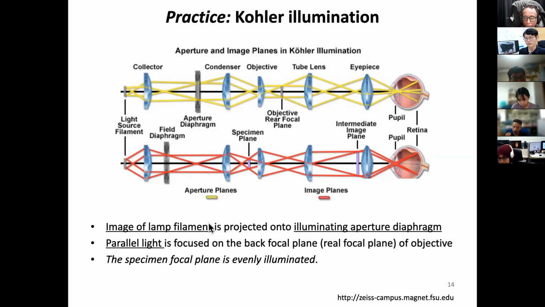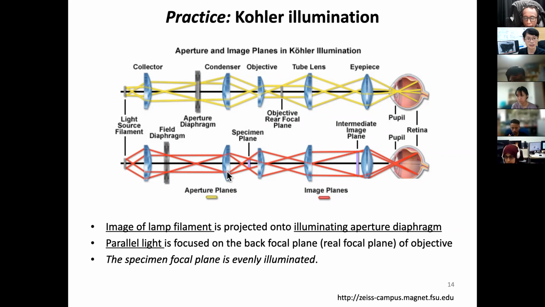So the imaging of the lamp filament is projected onto the illuminating aperture diaphragm here, and parallel light actually goes through the specimen. This is important, called Köhler illumination, for even illumination. The specimen focal plane has to be evenly illuminated, with parallel light on the back focal plane of the objective lens. That's what's happening. So that's what we call Köhler illumination.